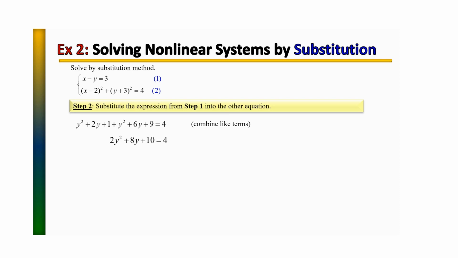We want to solve for y, so we need to get all of our terms on one side. So let's again utilize the zero factor property, which means everybody on the left and 0 on the right, which means I'm going to subtract 4 from each side. Continuing on with the zero factor property, instead of trying to factor this into two binomials, I see there is something that all terms share in common.